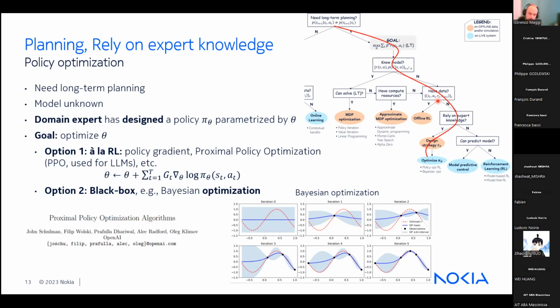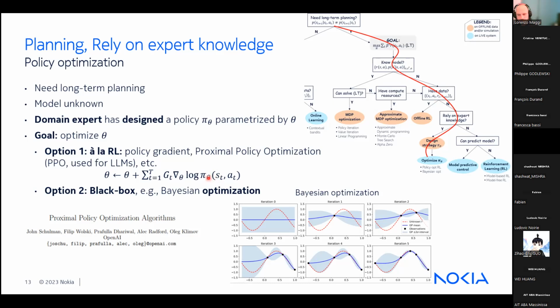But clearly, these parameters should be refined and tuned on a site level, on a cell level, on a UE level sometimes. So the problem is someone gives you this pi theta, this policy that tells you what to do in each state, and you want to optimize theta.